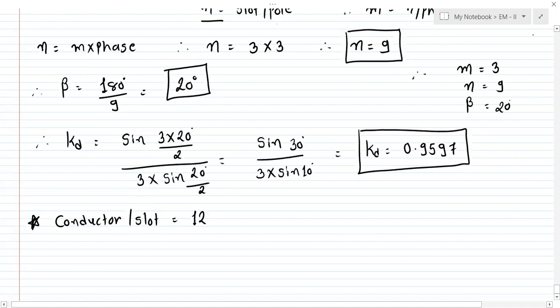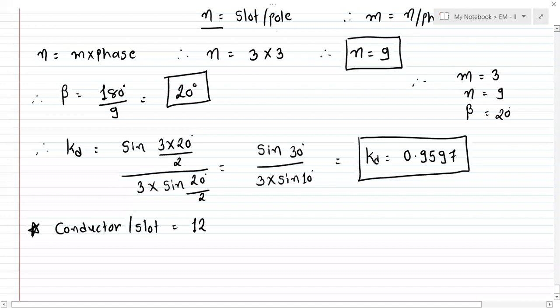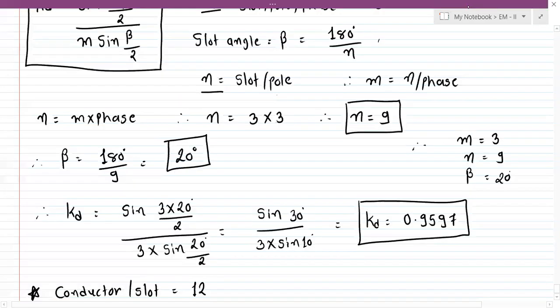Suppose I want to find the total number of slots.